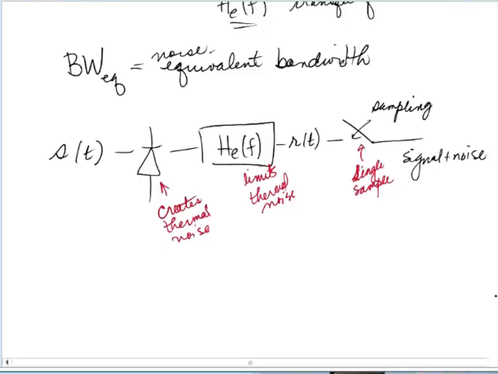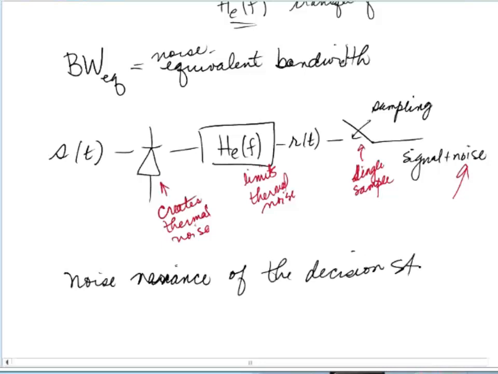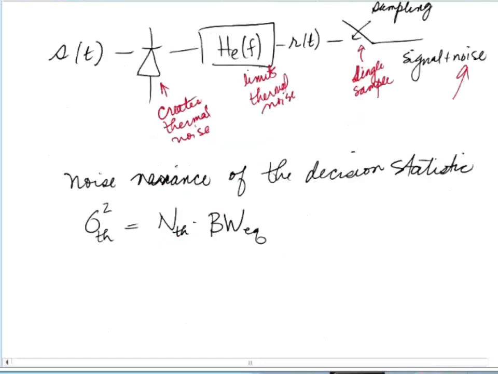And all that to say that the noise sample that we see at the output of our receiver has a variance. The noise variance of the decision statistic after the sampler is given by sigma squared thermal, which is just equal to the power spectral density of the thermal noise times the noise equivalent bandwidth of the electrical front end.